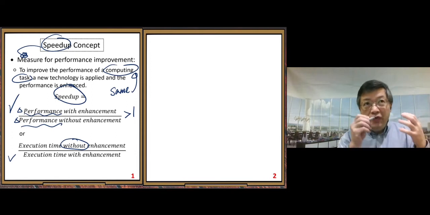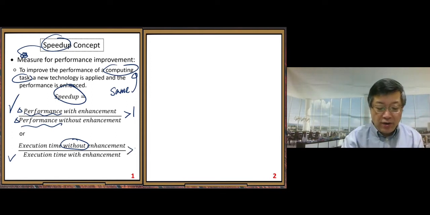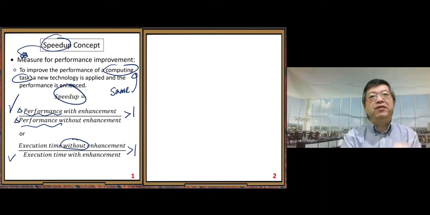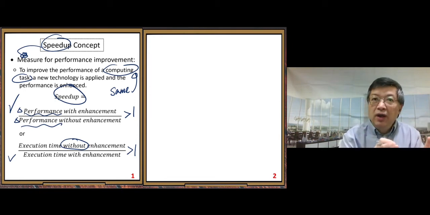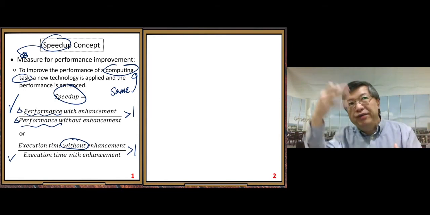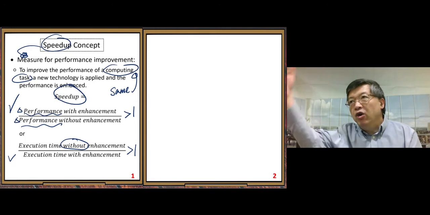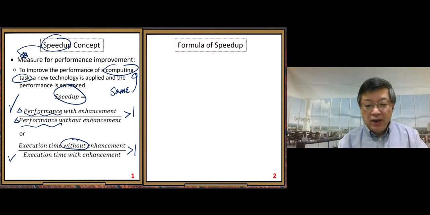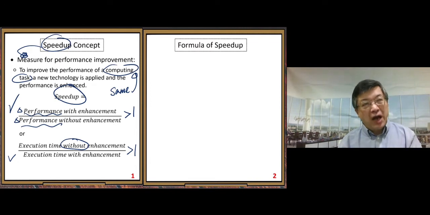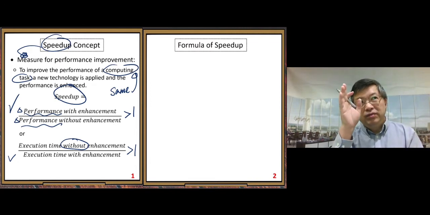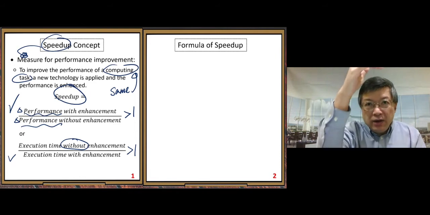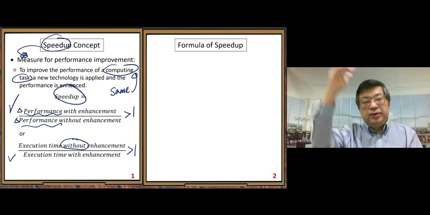So we do that ratio, and we know it is greater than 1. So this is the definition. With this definition, then we need to derive the speedup formula. All right, so in our next half slide, we will derive a formula of speedup.